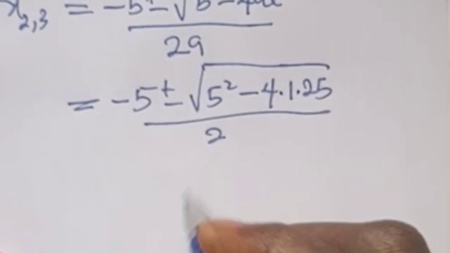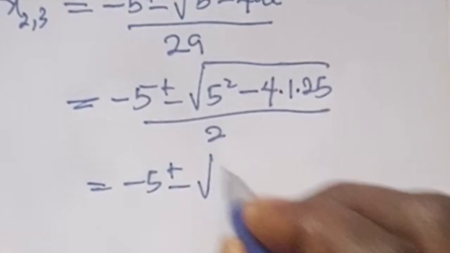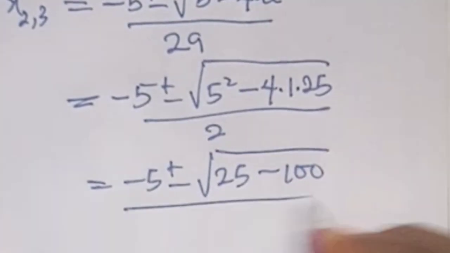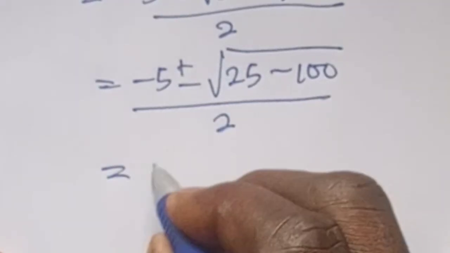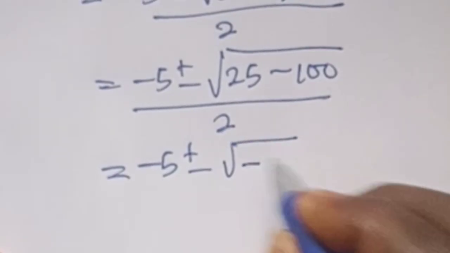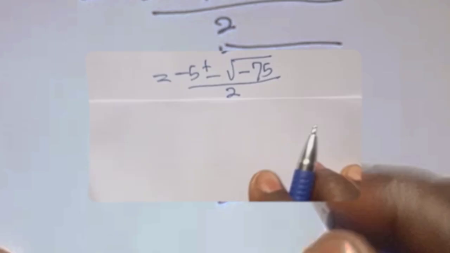So if we do this very well, we end up having minus 5 plus or minus square root of 25 minus 100, all over 2. And this equals minus 5 plus or minus square root of minus 75, again over 2.